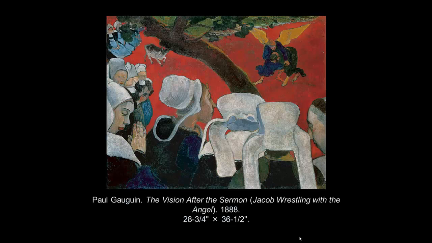That makes it a little more confusing because red comes forward towards you, so it looks like everything's stacked on top of each other, and Jacob and the angel are floating in space. That's interesting to me, that even though space was figured out and he knew how to do it, he was still experimenting and trying to find something new and different to do.